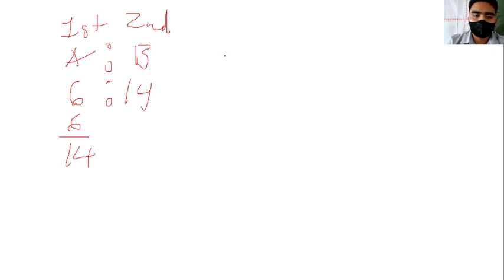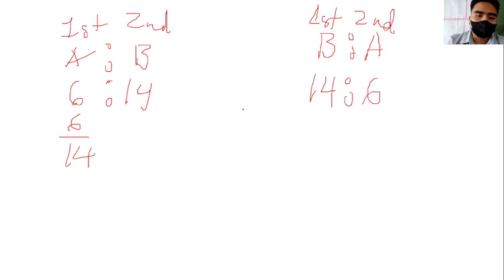And for your second question, what's the ratio between the total number of banana and the total number of apples? So this is your first, and this is your second. The ratio is 14 is to 6, or we could simply say 14 over 6. Alright, so we have two ratios, isn't it? We have two ratios already.